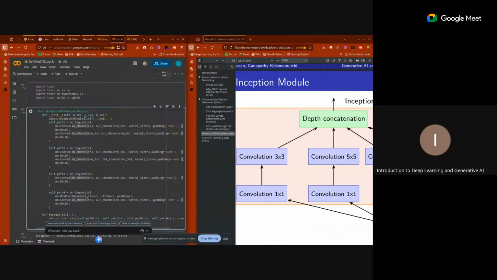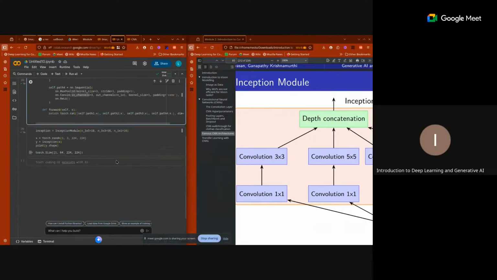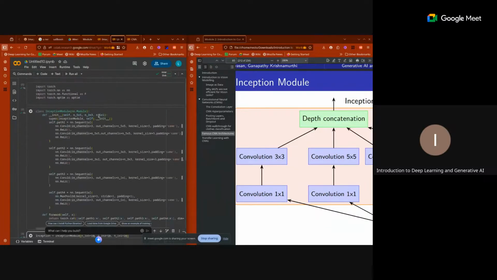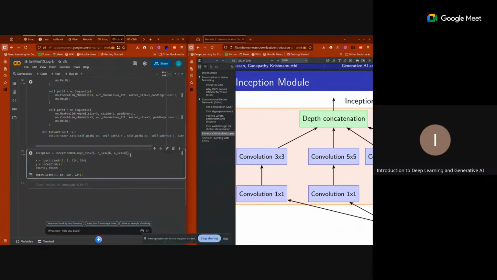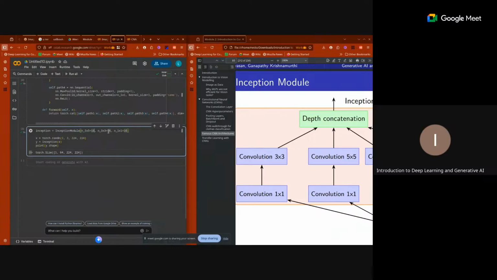Now I simplified it so that I have the same number of filters in one part. So the number of filters you can change. You can customize this according to your needs. I just used simple values so that you can use some set of numbers. So here 16 is mentioned, right?